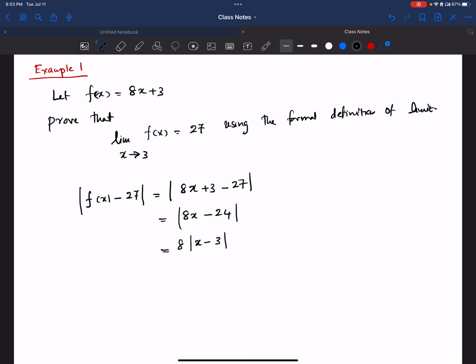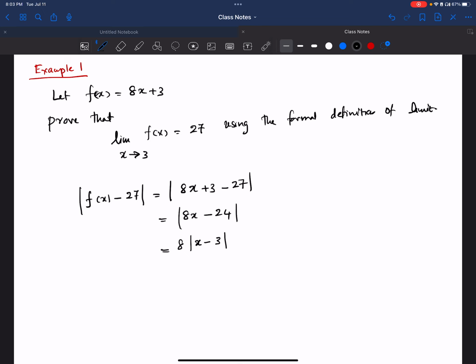So what we need to prove is that we want to find a delta, right? For any epsilon, we need to find some delta that is greater than 0.